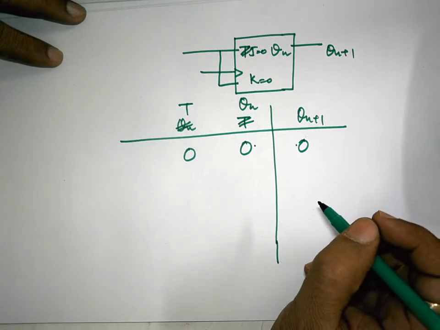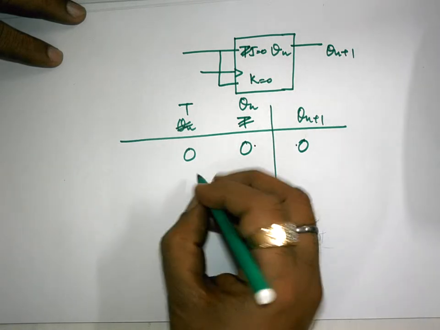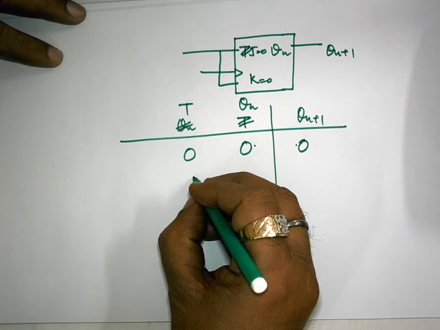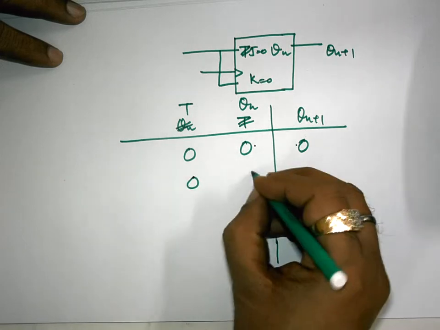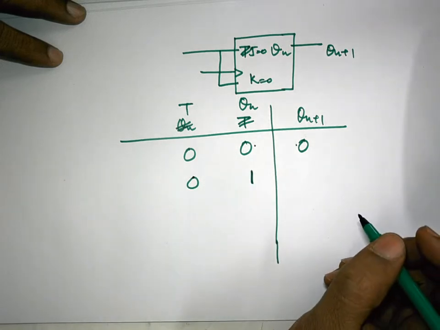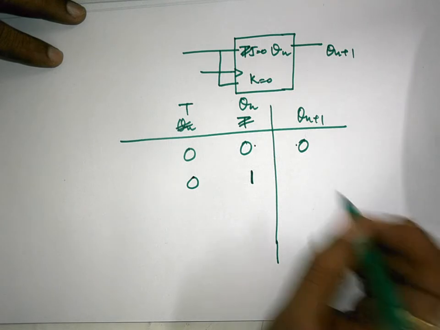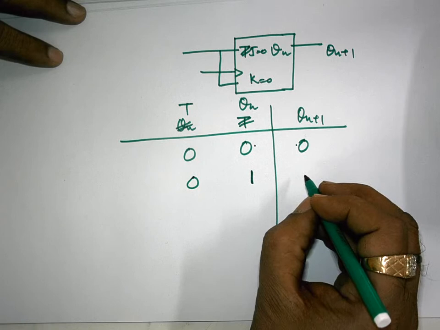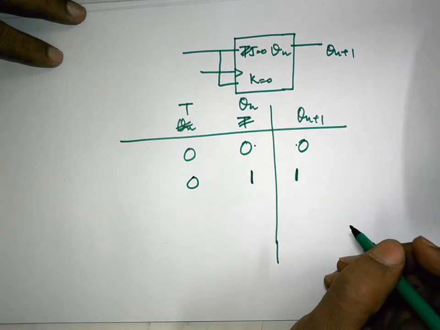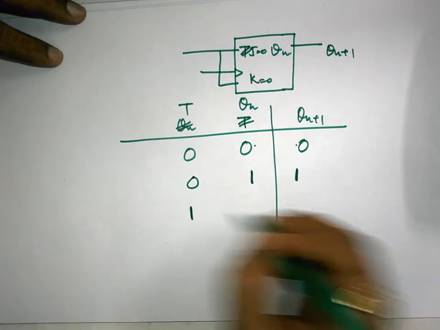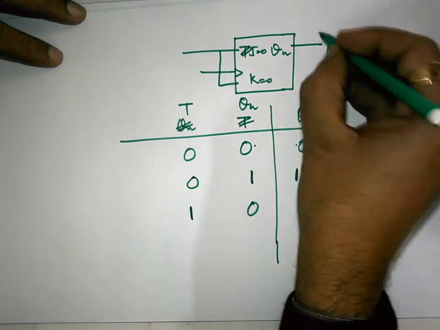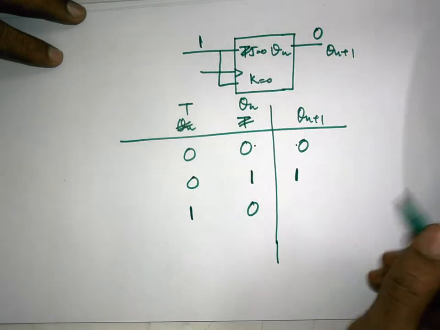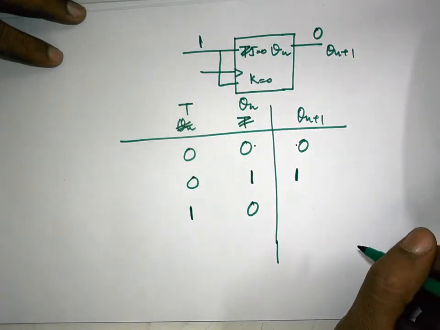Getting my point? And if the applied input is 0 and the present state is 1, what is the next state? It is still not going to make any change at the output. This means it will remain 1. If this is 1 and the output is 0, what will happen? It will toggle.